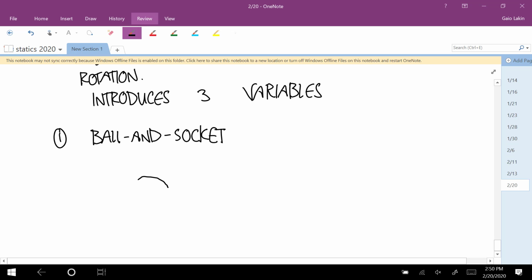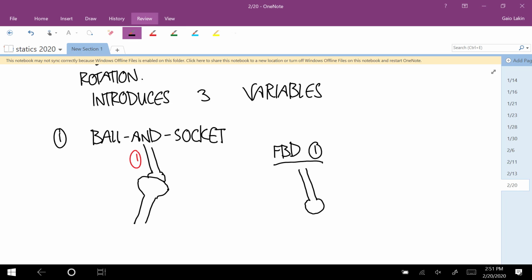So you have one piece like that, one piece like that, and a free body diagram of that part 1 has 3 force components.